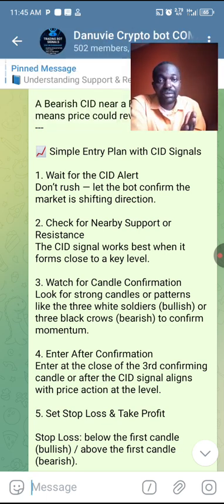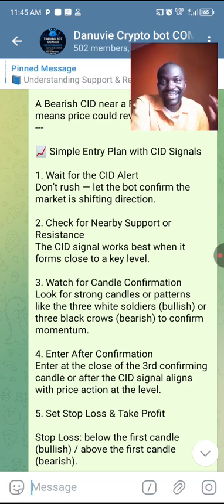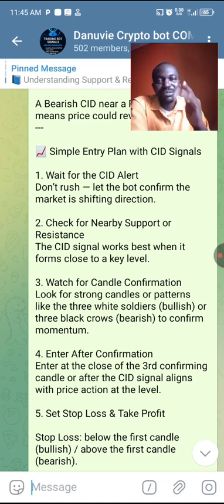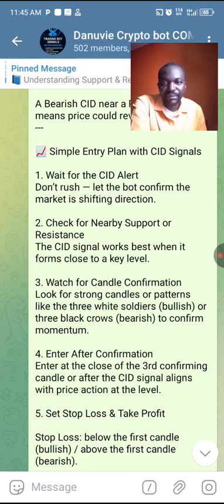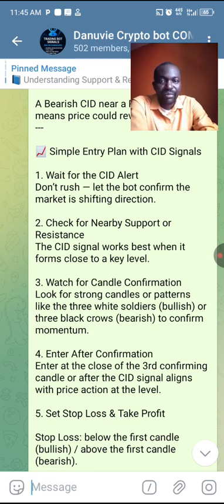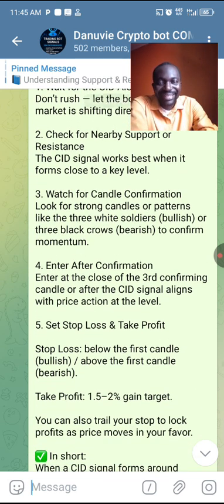You see a candlestick formation, green, green, green, following each other one after the other. That kind of pattern formation indicates there is movement in that direction. And when you see three black crows, red, red, red, a red candle, then another red candle, and another one that is red, following each other one after the other, that's an indication that the prices are coming down. And the fourth one is enter after confirmation.